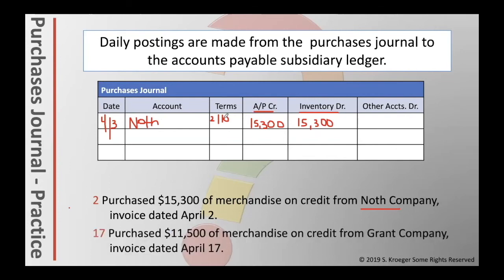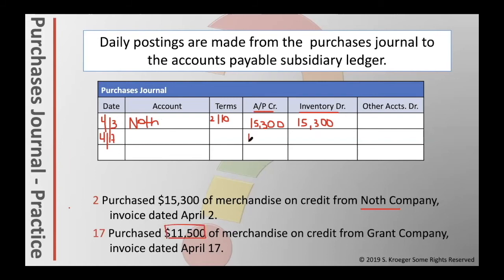The next one would be on April 17th. For the 17th, we're just going to do the same thing. Purchased $11,500 of merchandise on credit from Grant Company. The amount was $11,500.